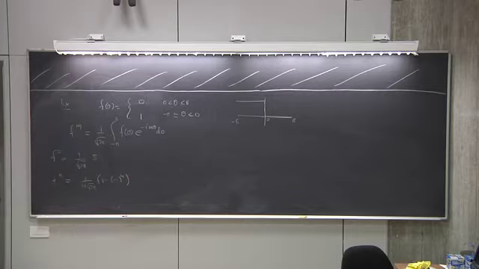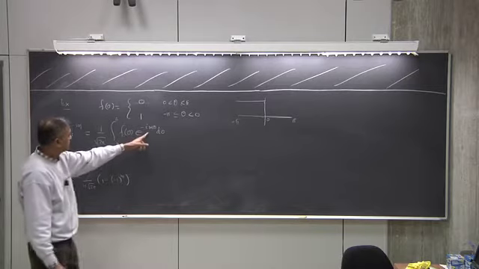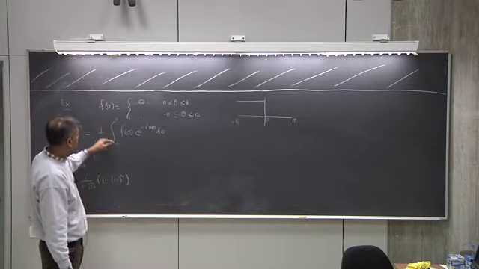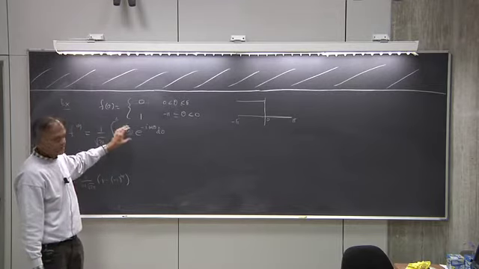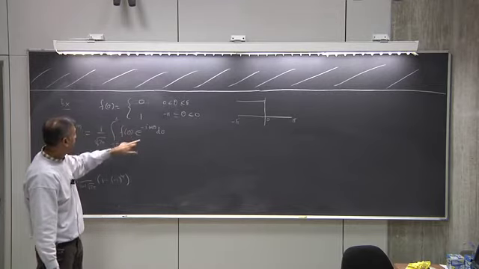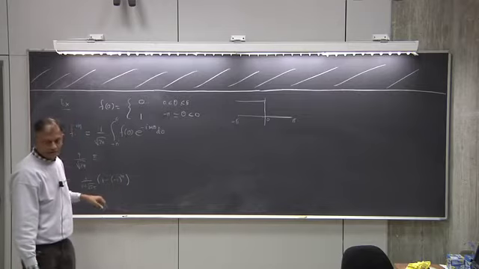We worked it out explicitly. You just have to integrate, and the integral will just go from minus pi to 0, because from 0 to pi f is 0. So we just have to integrate e to the minus i m theta from minus pi to 0, and you get this answer.